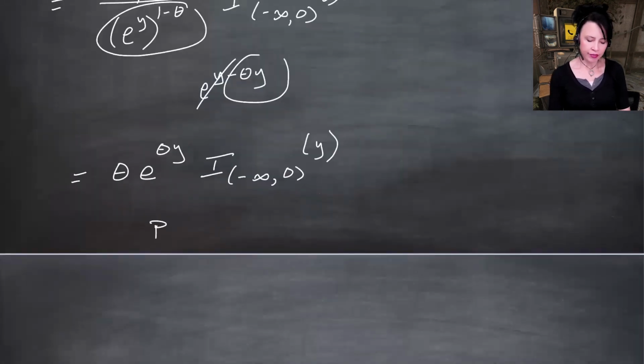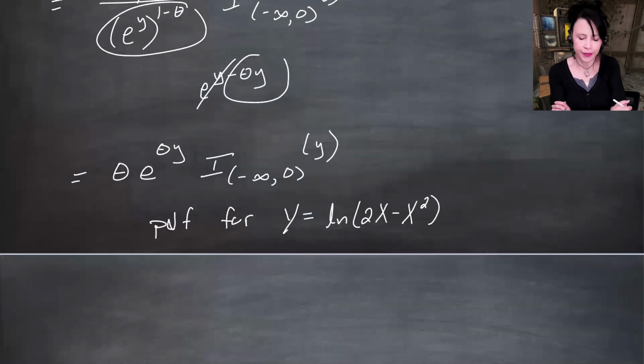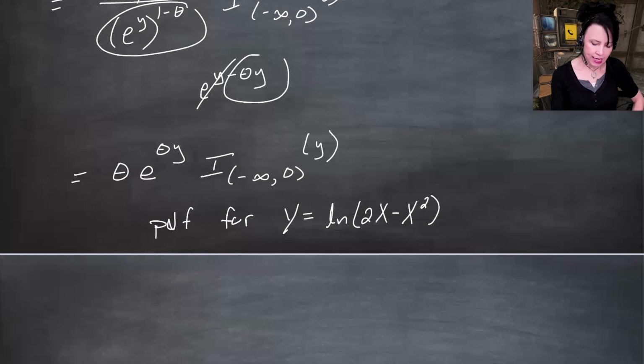This is the PDF for y, which was defined to be the log of 2x minus x squared. And it looks exponential, but we're missing a negative up here, and this is the wrong space. So you could leave it and work with this new random variable, but I would just go back.